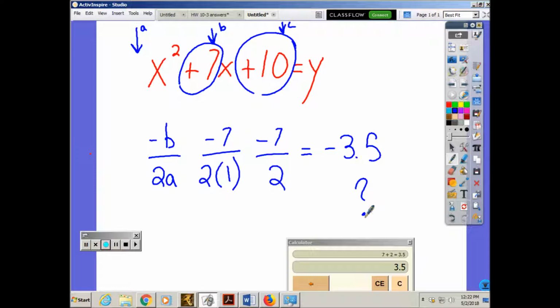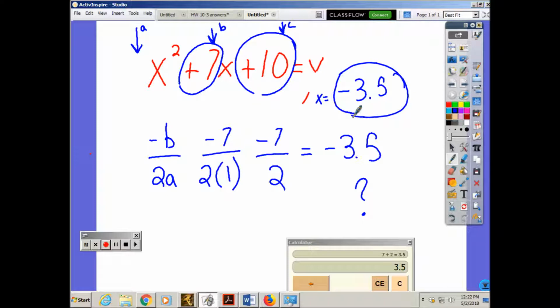Okay? Now, that's the axis of symmetry. The axis of symmetry is the only thing that is not a coordinate. It's a line. Technically, it's x equals. That's the only thing that should just have a number. Everything else should have a number, comma, another number.